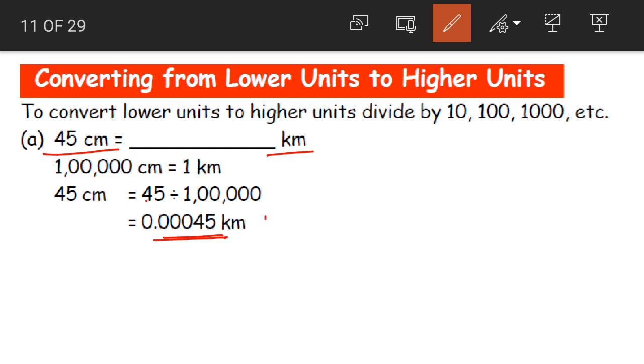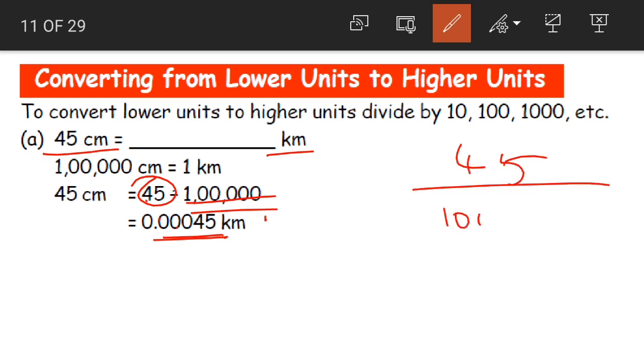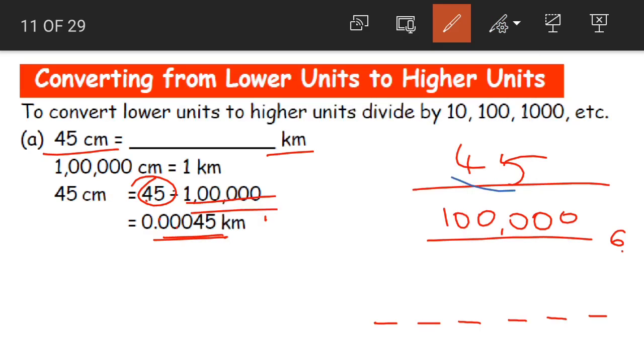So what do we need to do here? We need to simply divide the given number by 10, 100, 1000, 10,000 or 1 lakh depending on the given units. So again, let us revise how to convert this into a decimal number. The denominator is having 6 digits. So we need to write our numerator also as a 6-digit number.